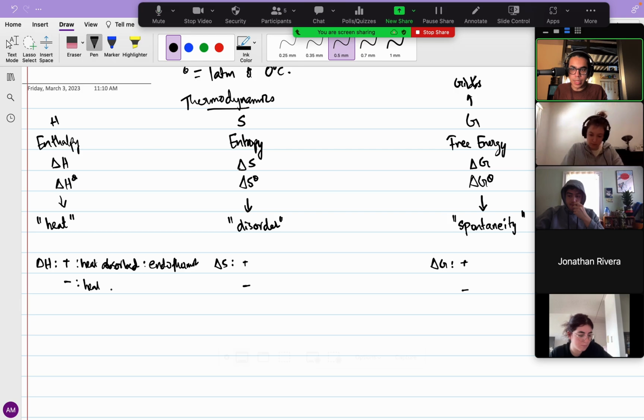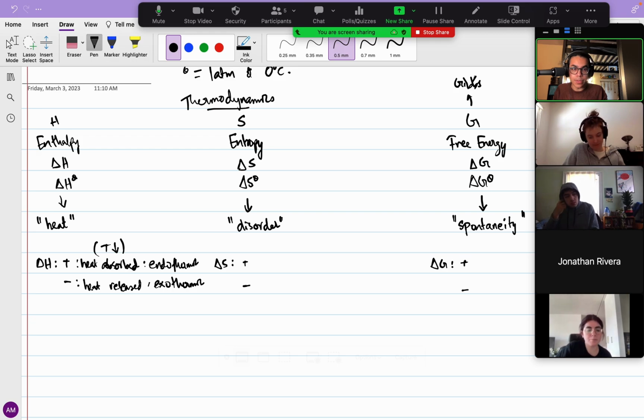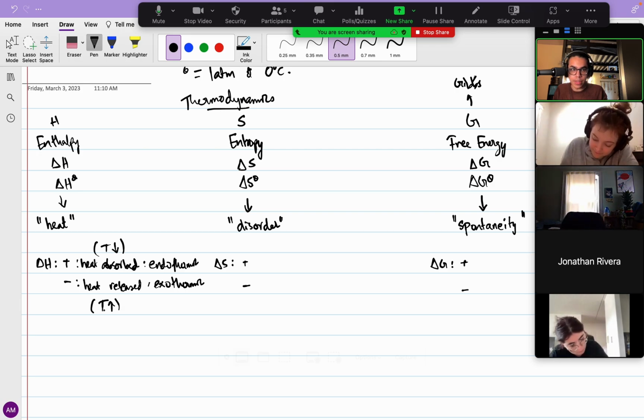So this one must be where heat is released, and it is exothermic. Another thing that I want you to associate with delta H sign is that when heat is absorbed, you should think of the temperature of the surrounding going down. And when heat is released, the temperature of the surrounding goes up.